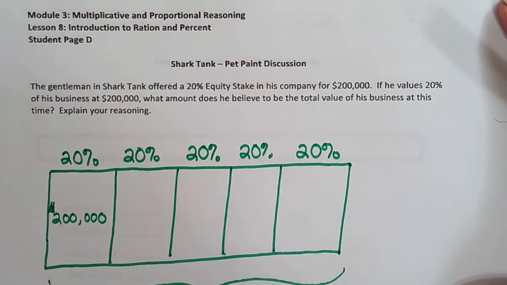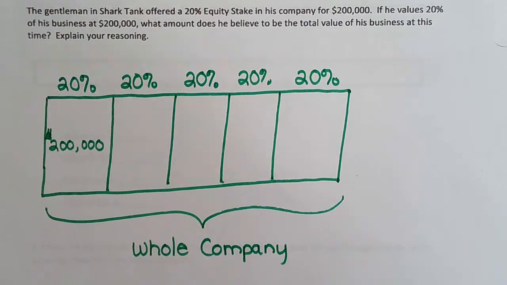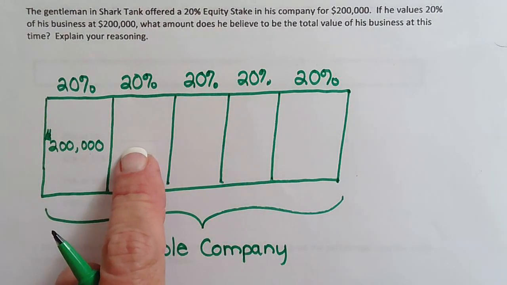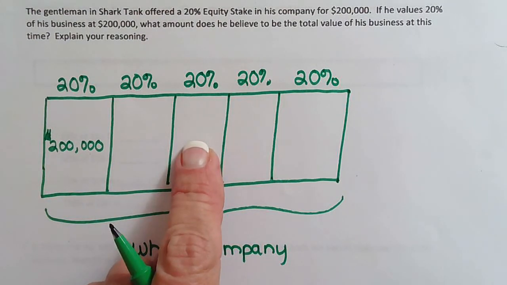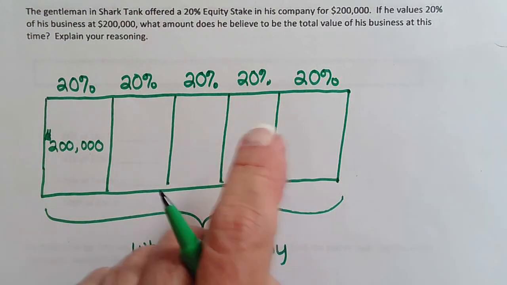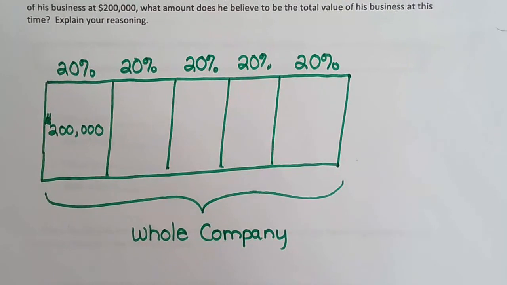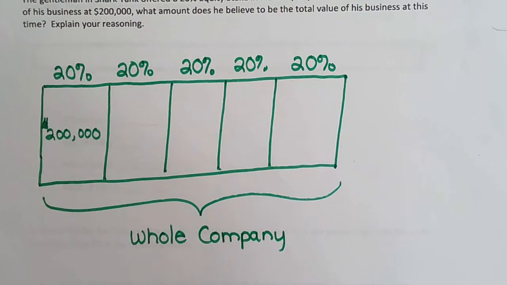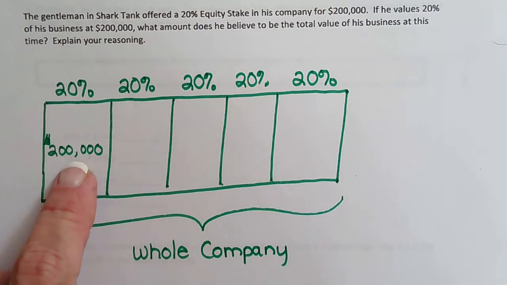Can you tell me what the whole company's worth? If this is 200,000, what's this? 200,000. And this? 200,000. And this? 200,000. Couldn't you just add 200,000 five times? Because he said 20% of his business is 200,000.